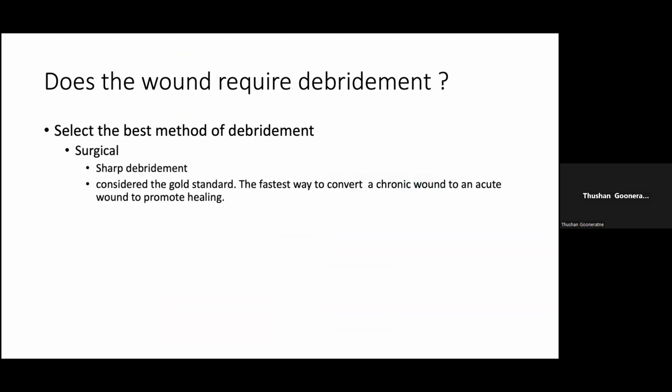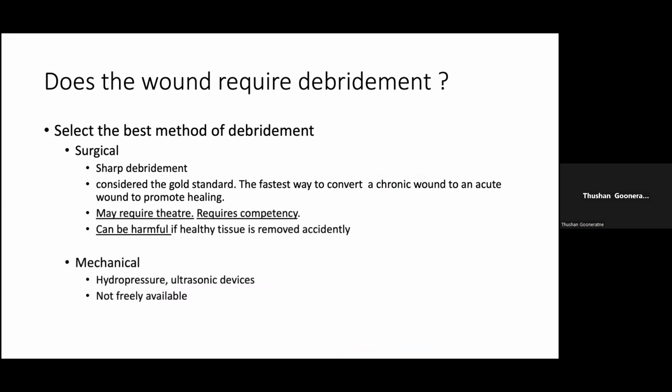We can also take away healthy tissue unawares, because we can't see clearly what is healthy and what is bad tissue. We try to use surgery, but it sometimes requires anesthesia and going to theater. So a lot of things are involved. We can sometimes use mechanical treatment, which is about hydropressure. There are various devices available for this in the market, but they're not freely used in most places.